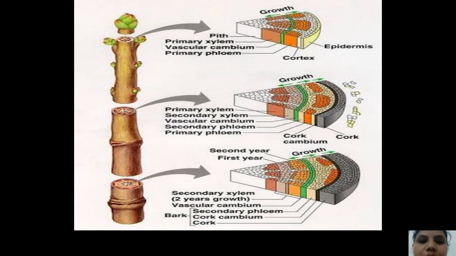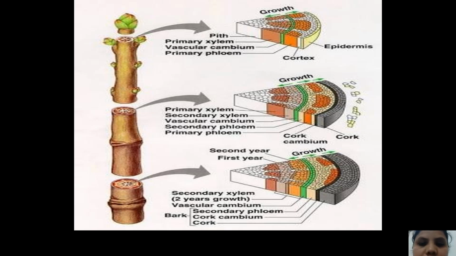So finally, if we see from the above, how the secondary growth takes place in the stem. If we observe the very first, the topmost one, we see primary xylem, primary phloem with vascular cambium. And later on, after the activity has slowly started, secondary xylem and secondary phloem are given off.